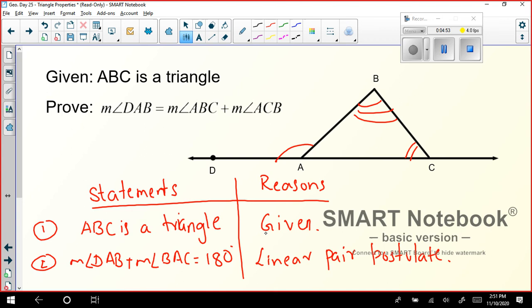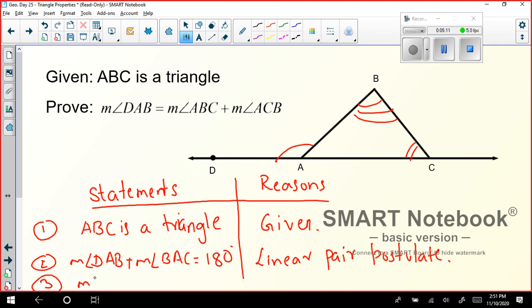Okay, now we are trying to get this particular term. So to get that term from left side and right side, I need to subtract measure of angle BAC. So I'll just do that.